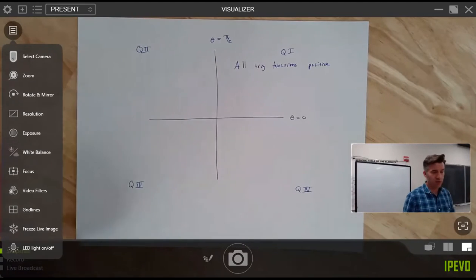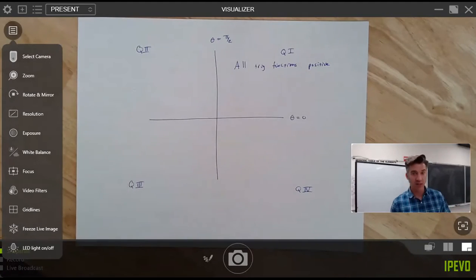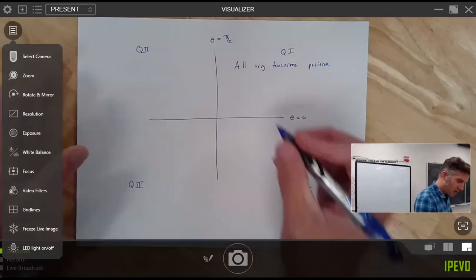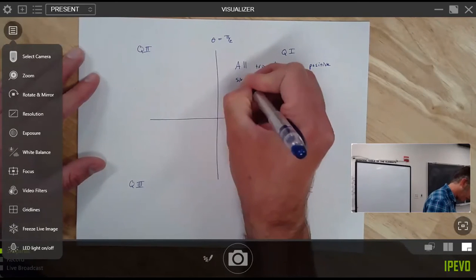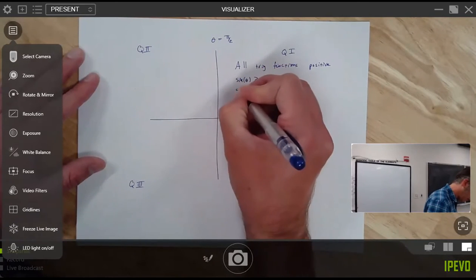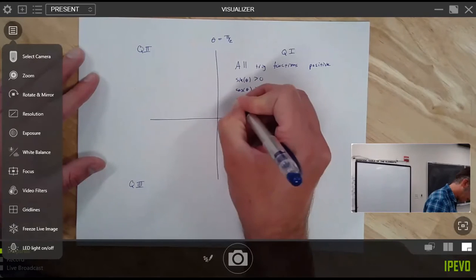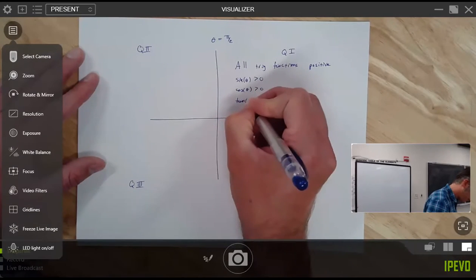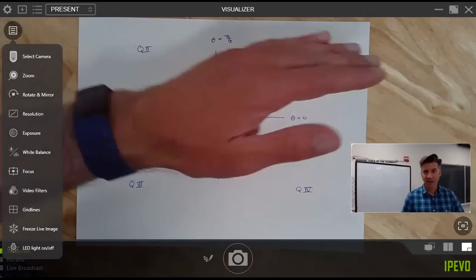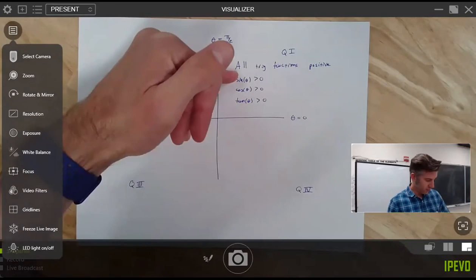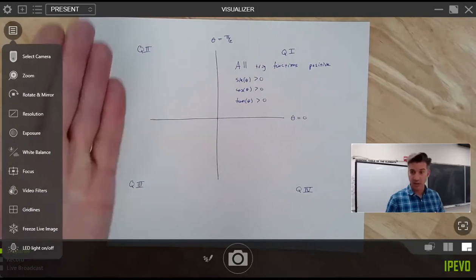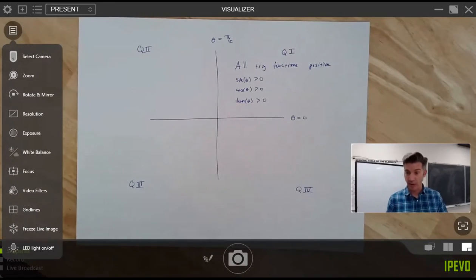So in the first quadrant, all trig functions are positive because you could always draw a right triangle where all the side lengths are positive. We could say that sine is positive and cosine is positive and tangent is positive. You could also write the other three, but what I'd really like to impress upon you is that whatever is true for the original function is also true for the reciprocal function as far as if it's positive or negative.